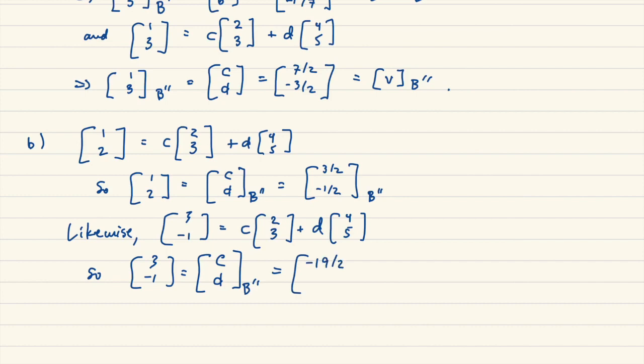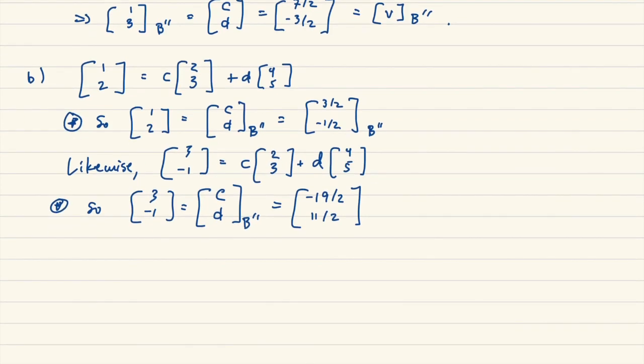I told you I didn't pick these out ahead of time, so we got ugly numbers. Negative 19/2 and 11/2. All right, and so that's with respect to B double prime. Okay, so we get 3/2, negative 1/2, negative 19/2, 11/2.